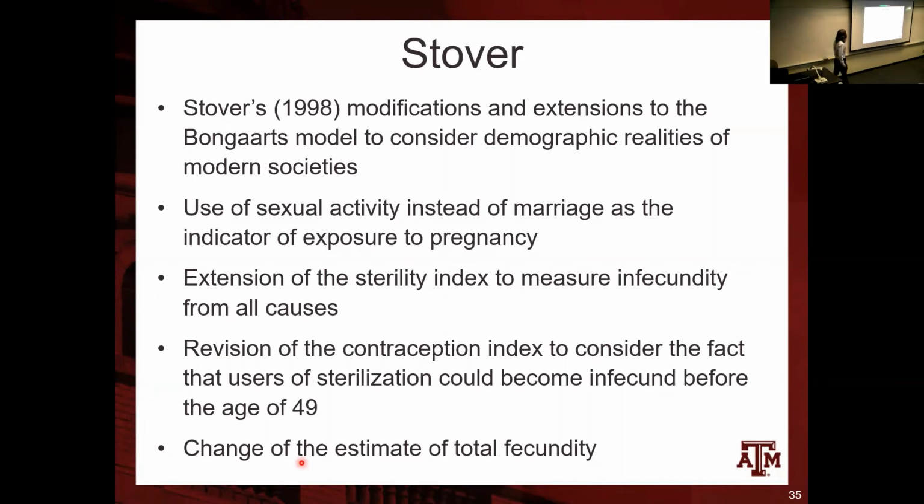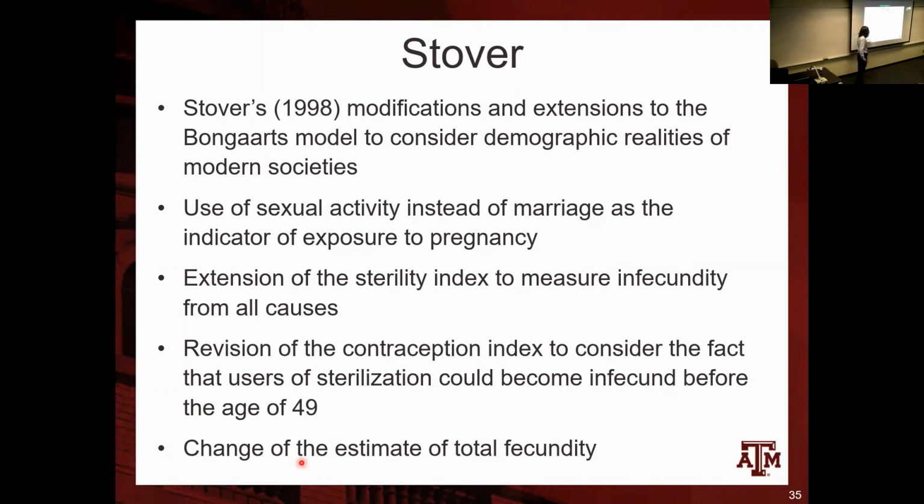Revision of the contraception index to consider the fact that users of sterilization could become infecund before the age of 49. That's really typical in, for example, Brazil and Mexico: women, when they reach the desired number of children, immediately have female sterilization. So they become infecund before reaching 49 years of age if they reach the number of desired children before that age.